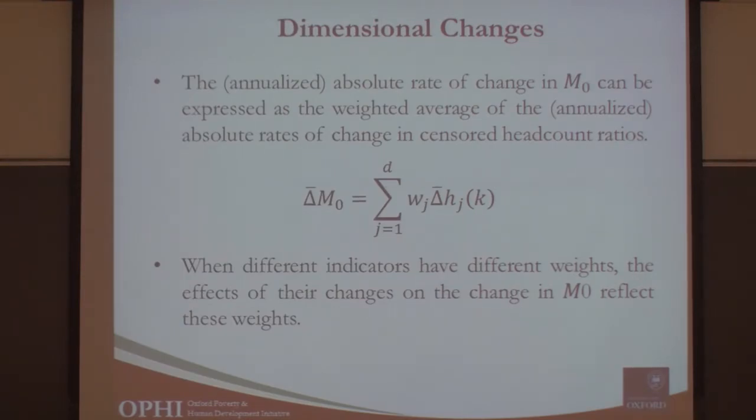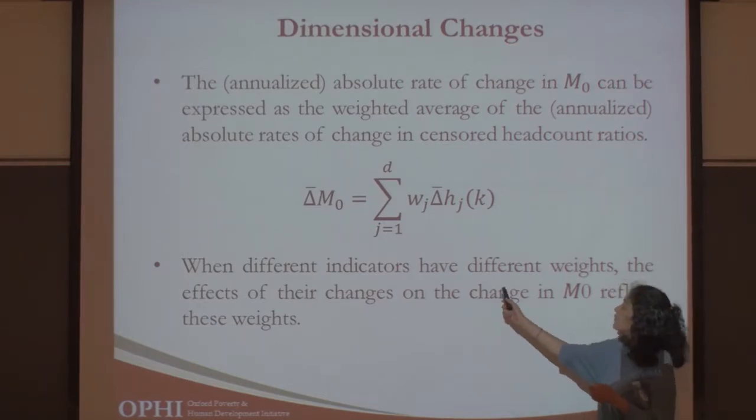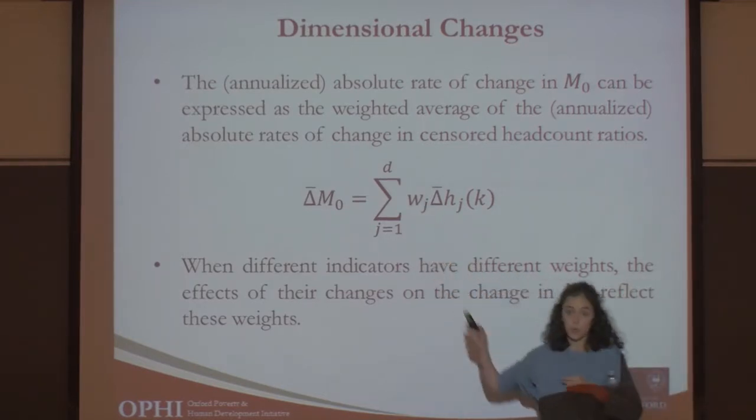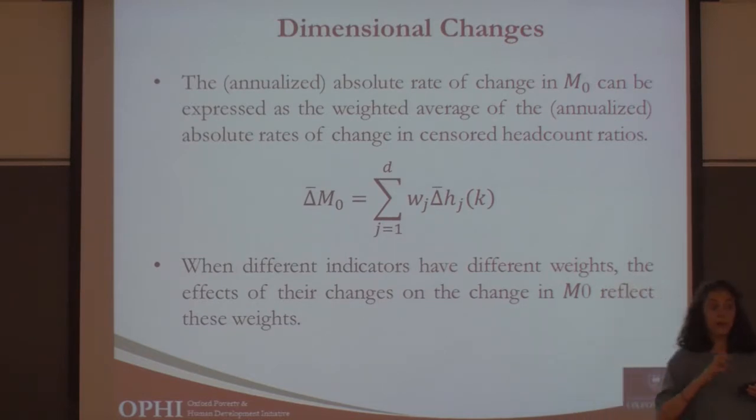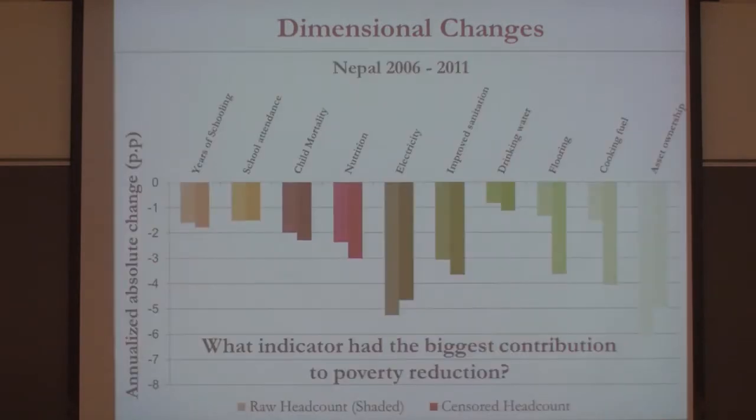This is what I was saying before: the annualized absolute rate of change can be expressed as the weighted average of absolute rates of change in censored headcounts. So, as different indicators have different weights, when we look at the contribution, we cannot just look at the headcount. We have to take into consideration the weight of that indicator. This is the annualized change between these 2 periods.